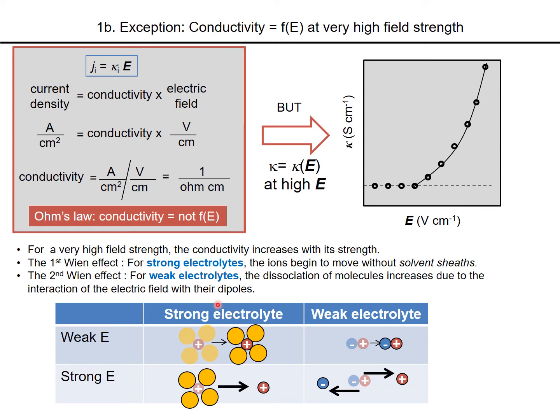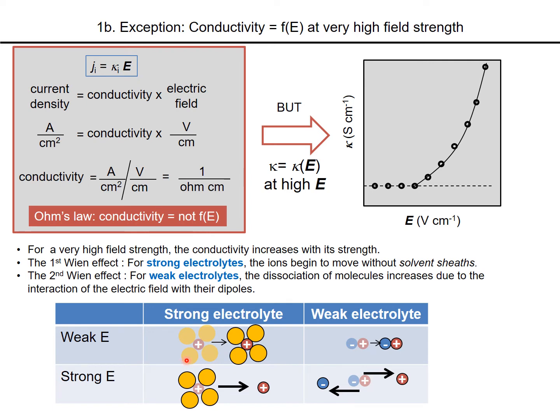Here are two situations. The first one is about strong electrolyte. What is a strong electrolyte? It means your salt, like sodium chloride, is totally dissociated in electrolyte. So NaCl is dissociated into sodium plus and chloride minus. Each ion, especially cations, is solvated by solvent molecules or hydrated by water molecules.